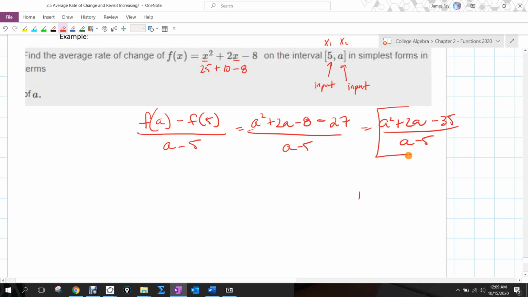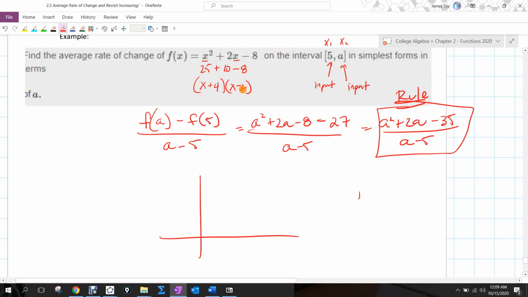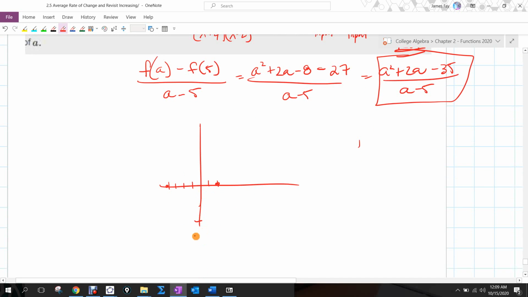And what's nice about that now is that that is a rule that's going to allow my average rate of change to change from, so if I'm working on this parabola, so what is this? This factors to x minus 4 times x plus 2. So my negative 8 there.